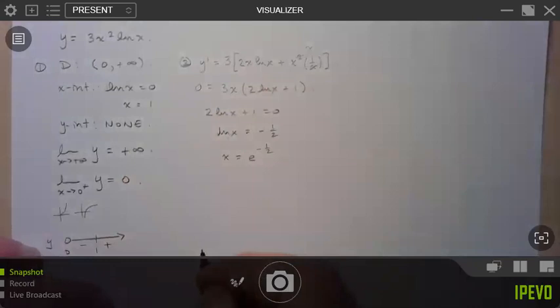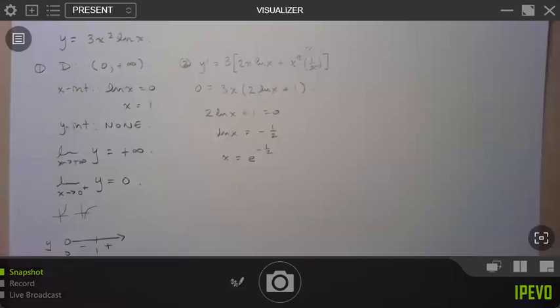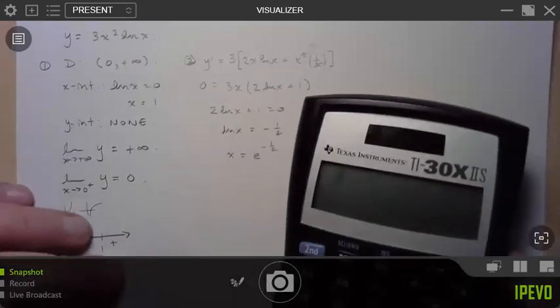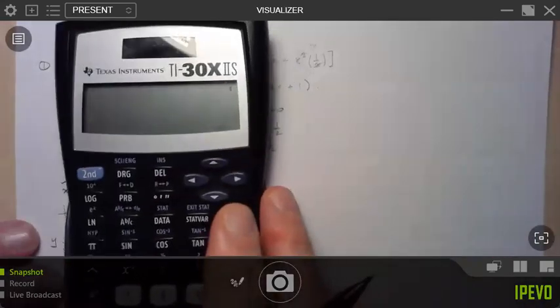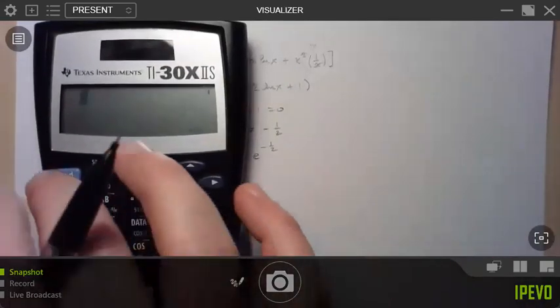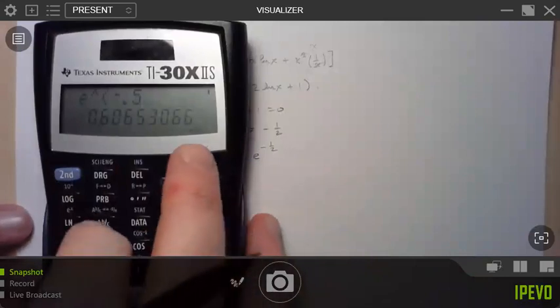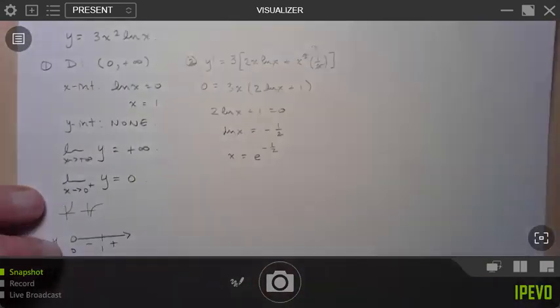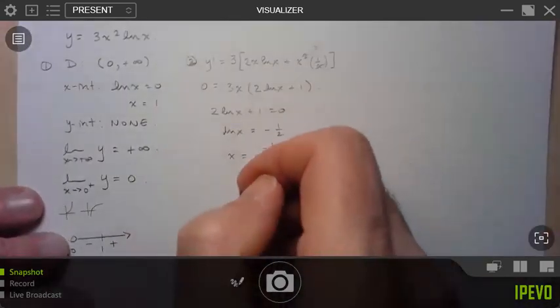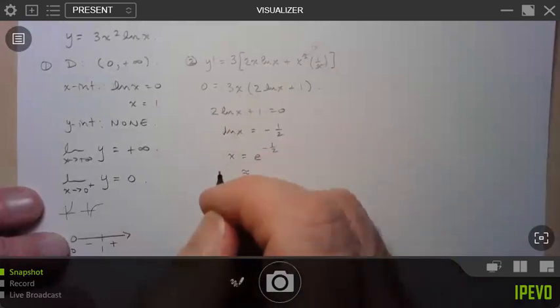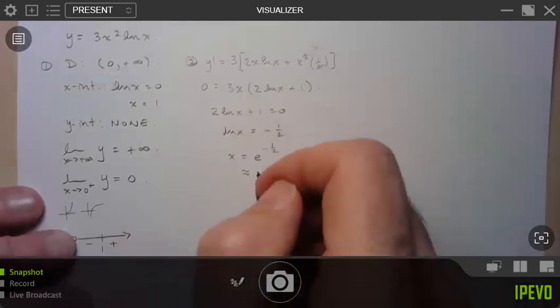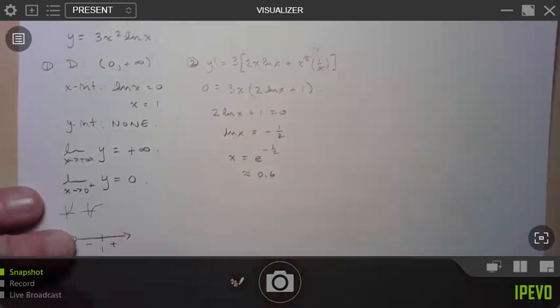And let me find a calculator here, and I might as well determine an approximation for that. So here I got e to the exponent of negative 0.5 is about 0.6. And you notice here, my graph can't be very accurate. So I'm just going to keep 1 decimal place, okay?